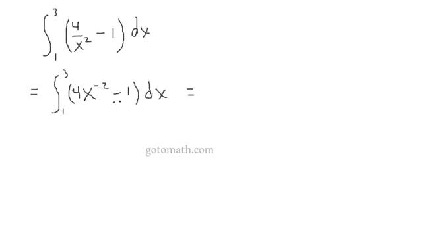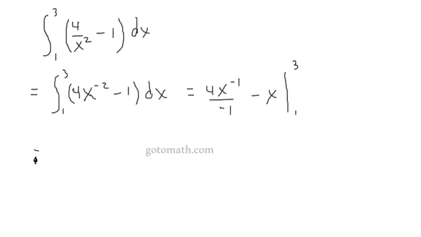Now what I'm going to do is go through that process. So we add 1 to the exponent, and that makes it a negative 1. And then we want to put that negative 1 down in the denominator, minus, we tack on an x, and of course we're going from 1 to 3. Now remember, if you took the derivative of this, we should get back the integrand.